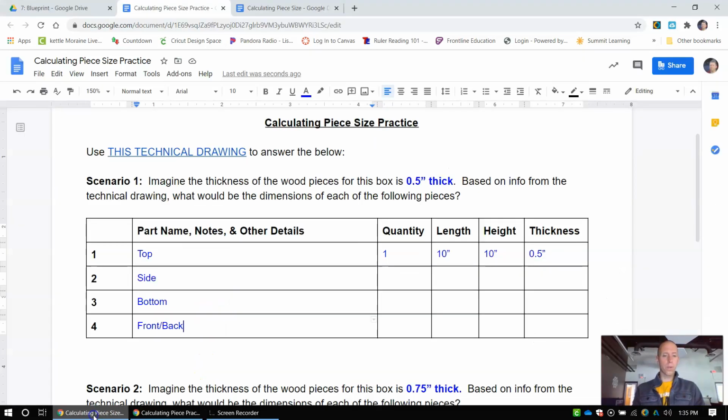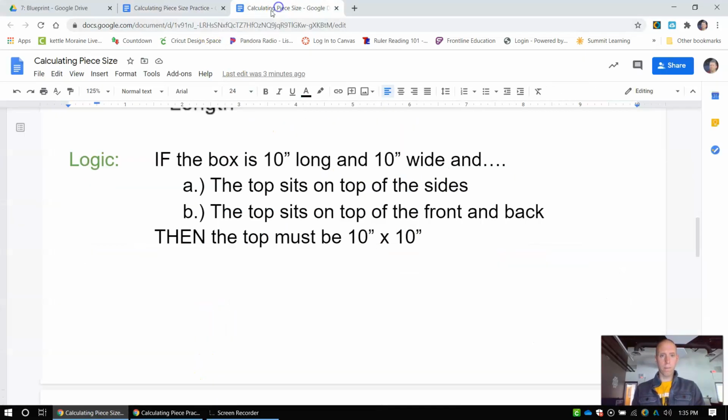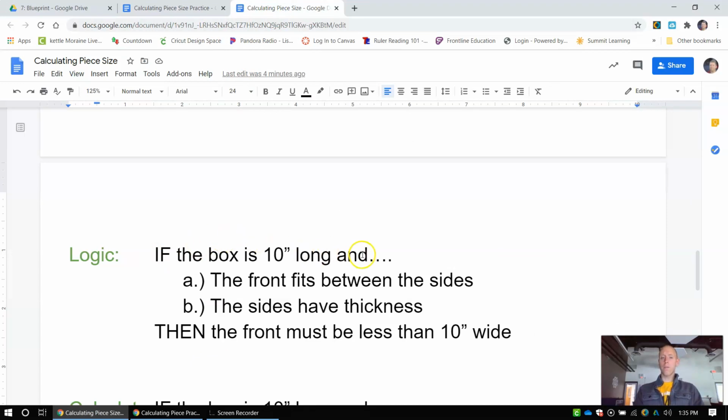I have that logic written out. If the box is 10 inches long and the front fits between the sides, which have thickness, then the front must be less than 10 inches long.